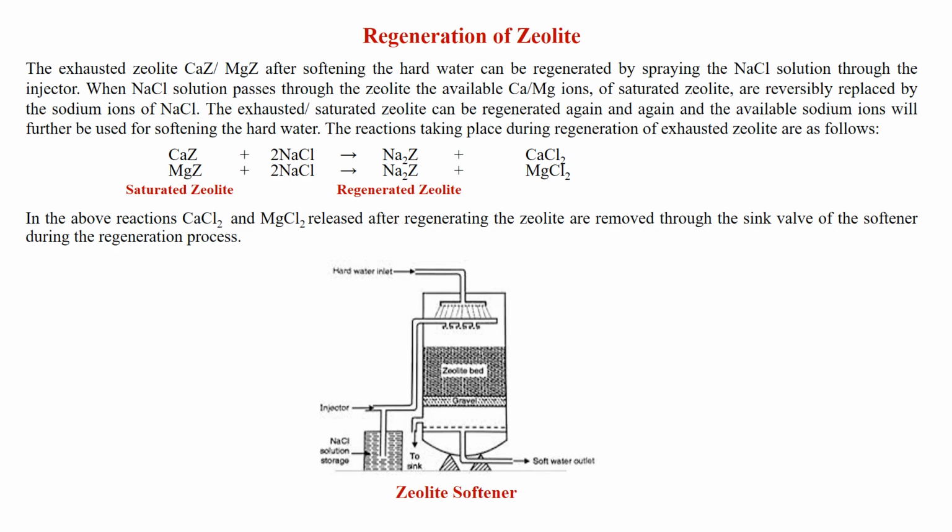The washings of the regeneration are removed through the sink valve, and when the regeneration is completed, we stop the spraying of the brine solution and open the hard water supply. For a few minutes, we allow the water to pass through the sink valve, then close that sink valve and open the softening valve to collect the soft water which is there at the bottom of the softener.